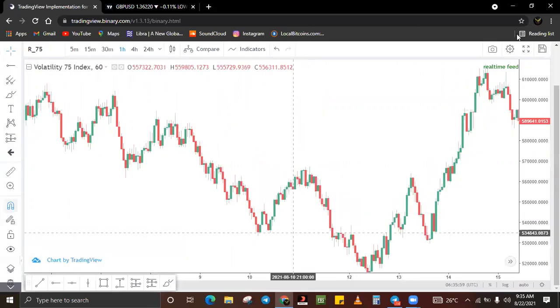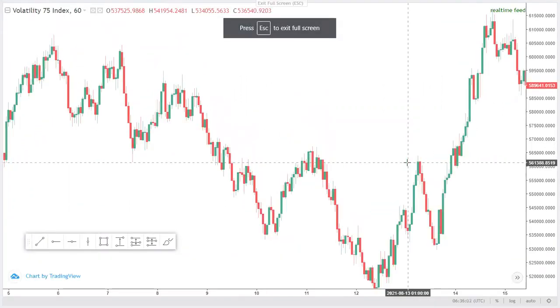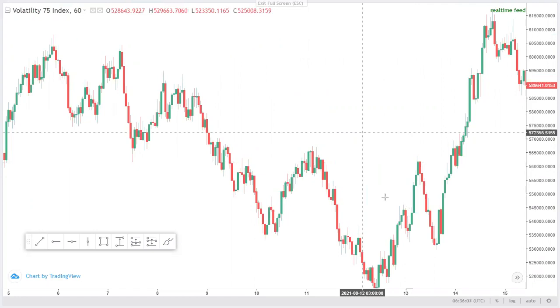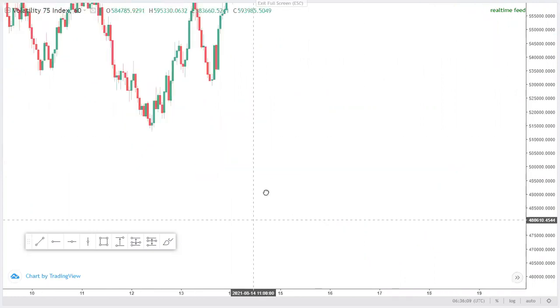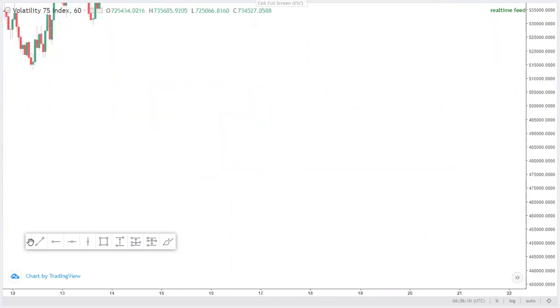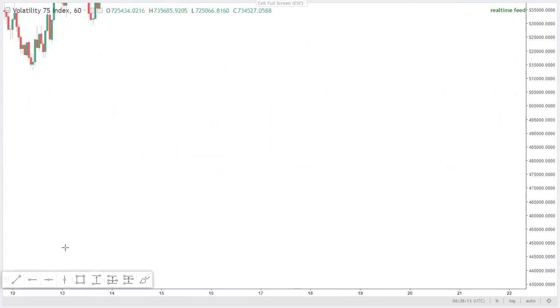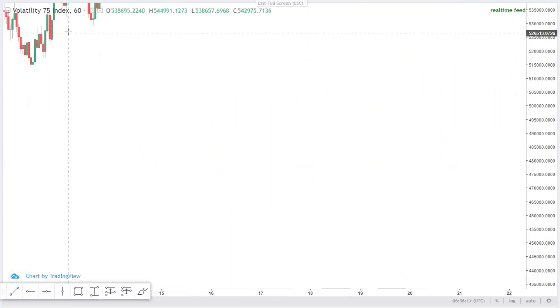There is something called structure retest. I think this is among the most common structures out there in the market, and it's also accurate when you use it well, as long as you know the trend.